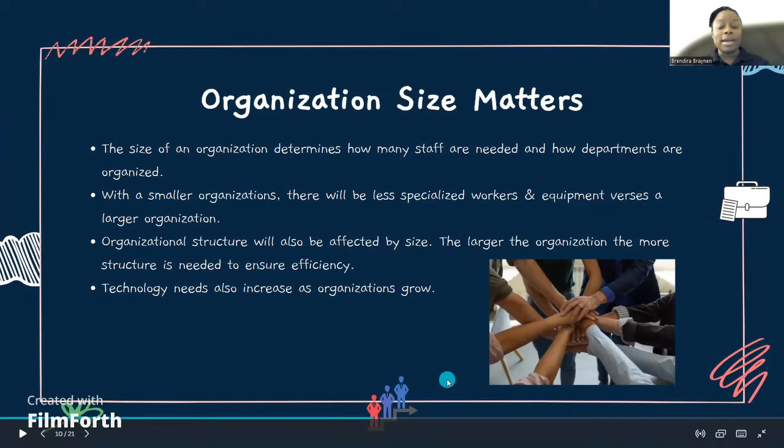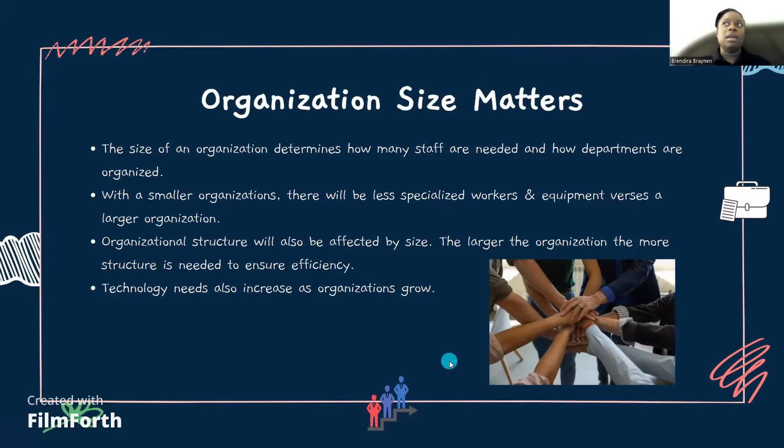When we talk about organization, I want you to know that organization size matters. The size of an organization determines how many staff are needed and how many departments are needed. In most organizations, especially big ones, the different tasks and things that you saw are normally broken out into different departments. So there's some departments that are responsible for certain things.